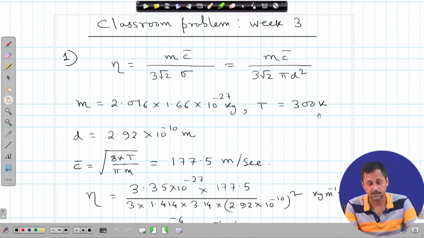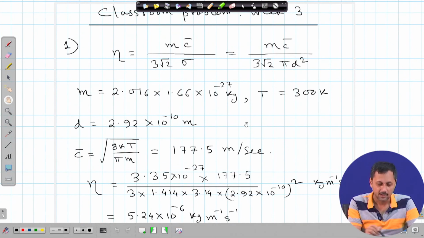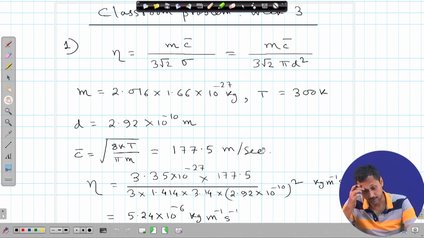T is equal to 300 Kelvin. d, the molecular diameter, is 2.92 into 10 to the power minus 10 meters. C bar is a simple calculation, which is 8kT by pi m. T is given, we know the value of k_B, and m is also given. So, we simply have C bar equal to 177.5 meters per second.